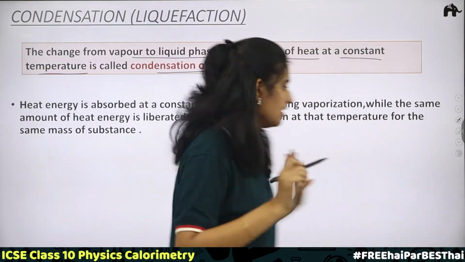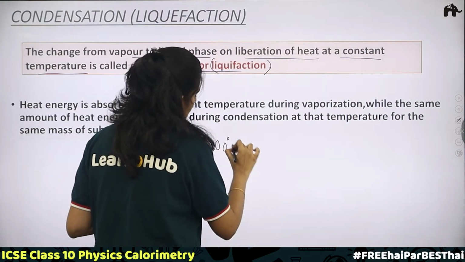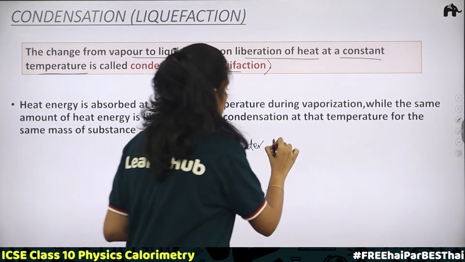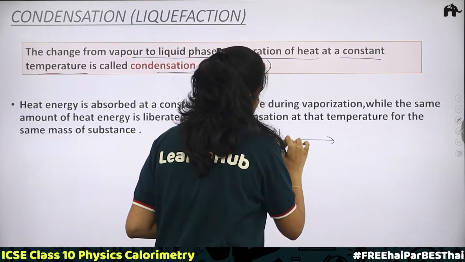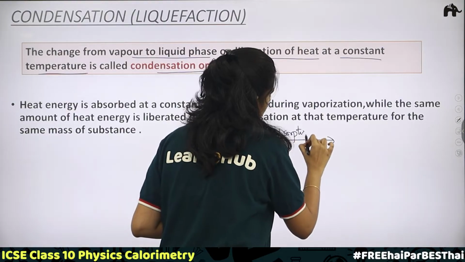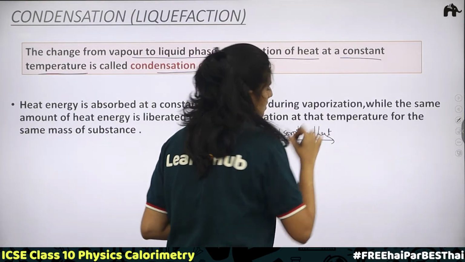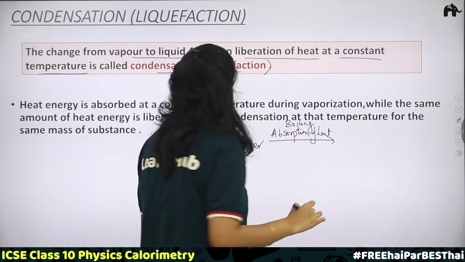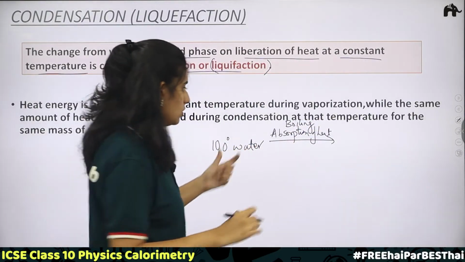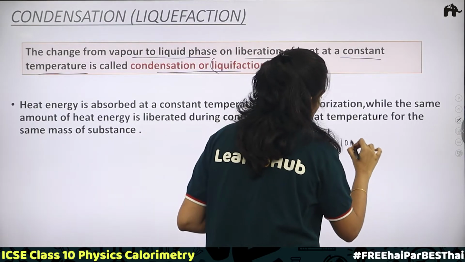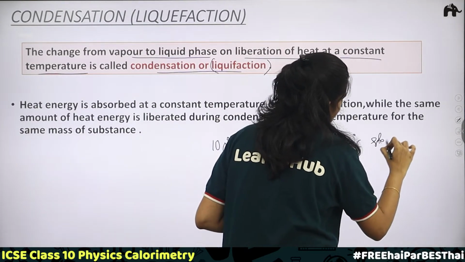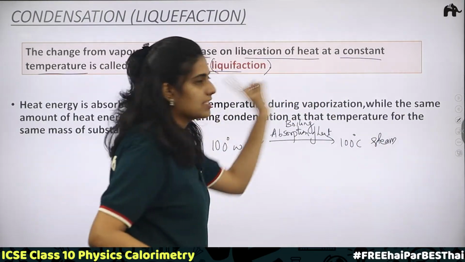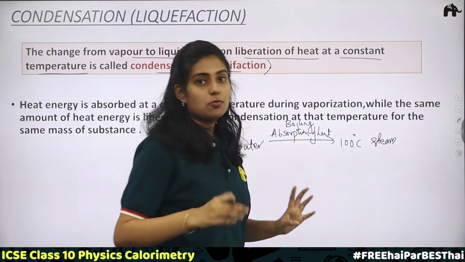Now, if you take 100 degrees Celsius water and it absorbs heat, boiling takes place, and all these 100 degrees Celsius water molecules get converted into 100 degrees Celsius steam or vapors.